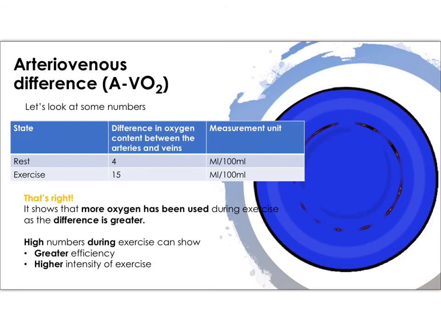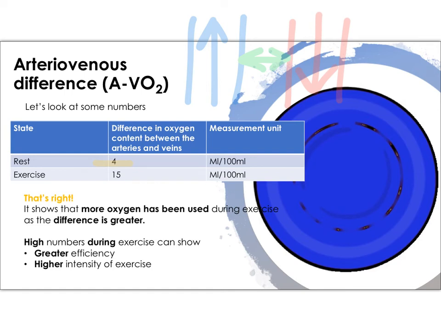So let's have a look at the numbers. This number here represents the difference between the blood in the arteries going to the working muscles and the blood in the veins going back up and away from the muscles. So it's looking at the difference between these two vessels.